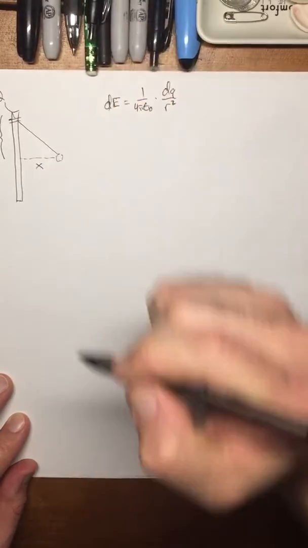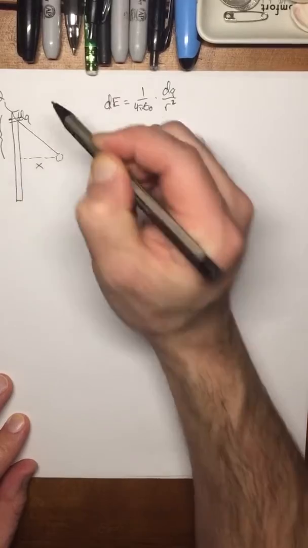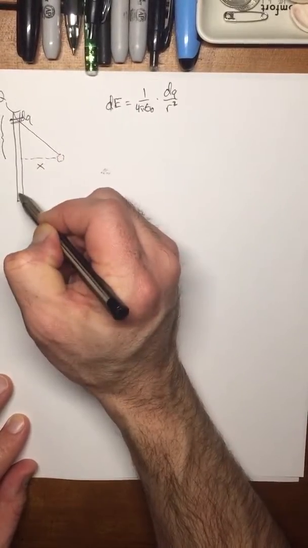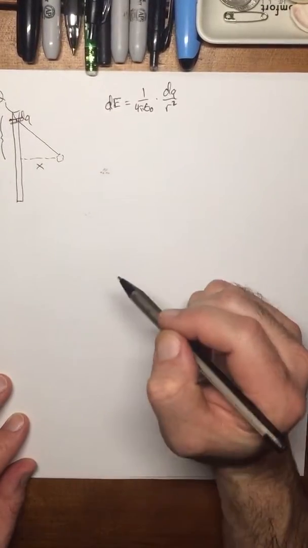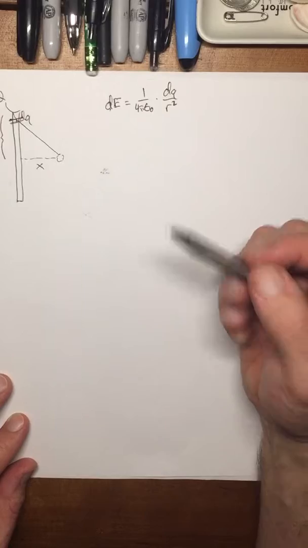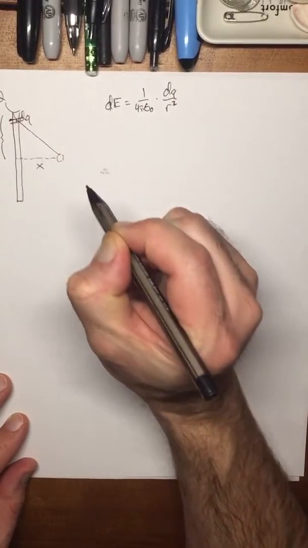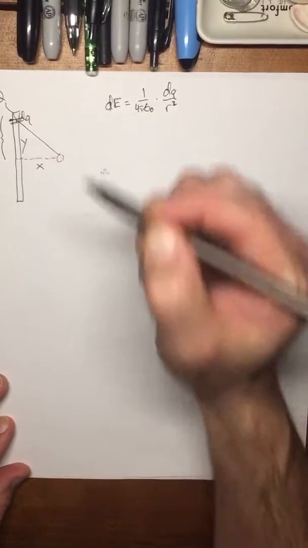So we find our distance to the little piece of charge right here, dq. This is a piece of the overall charge q, and it has a little tiny length or size we'll later define. And we'll say the distance horizontally from this midpoint of the charged rod is y.